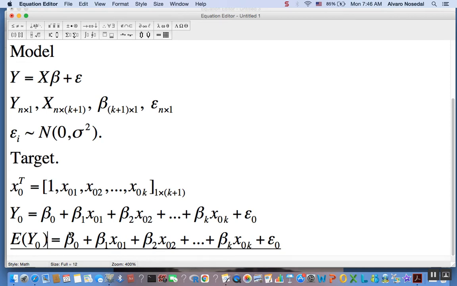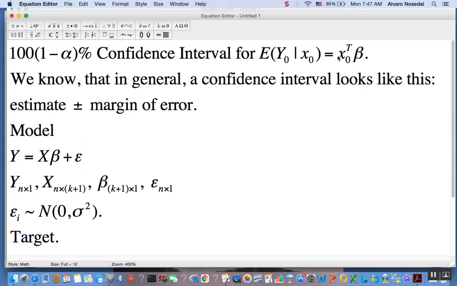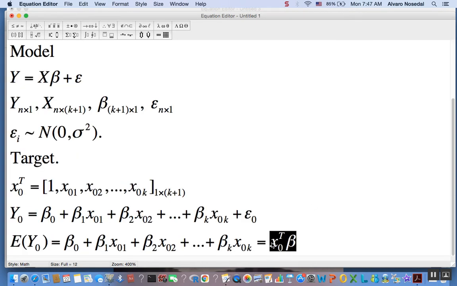And the expected value of a sum is the sum of expected values, and we know that by our assumptions, right? The epsilons are normal with mean 0, variance sigma squared, so the expected value of epsilon 0 will be 0, right? Okay, so now this guy, as I said, we could rewrite like this, using matrix multiplication.